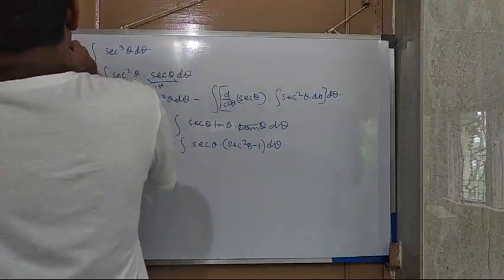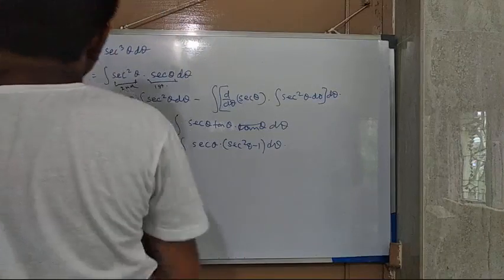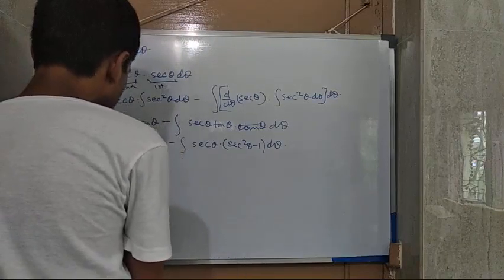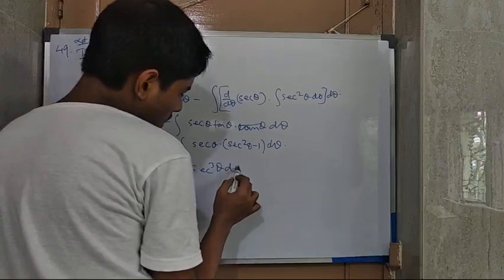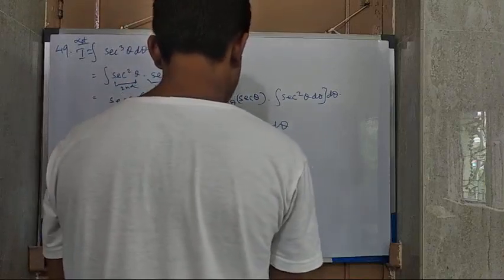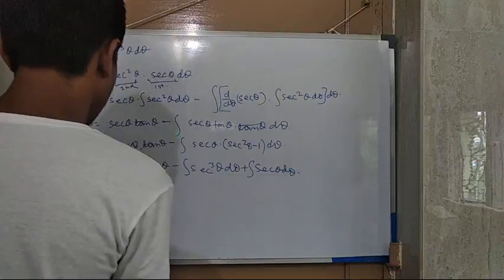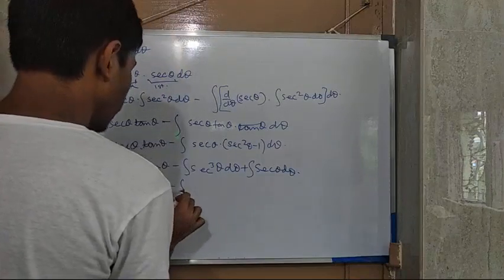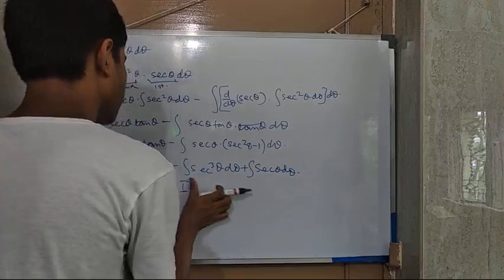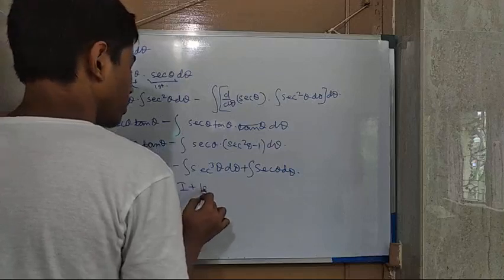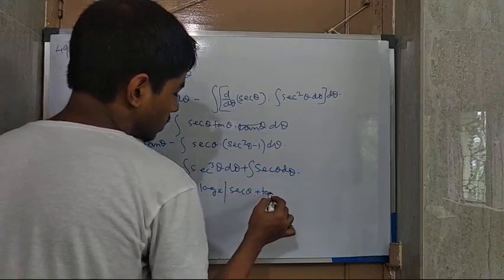Oh, sorry. Let I be equal to the integral. So this gives sec theta tan theta minus the integral of sec cube theta d theta plus the integral of sec theta d theta. So this is sec theta tan theta minus I plus log of sec theta plus tan theta.